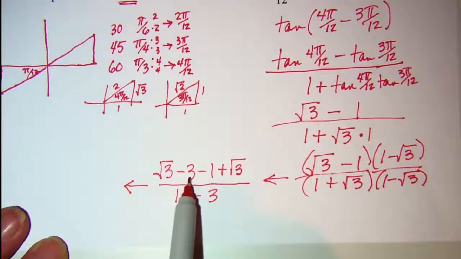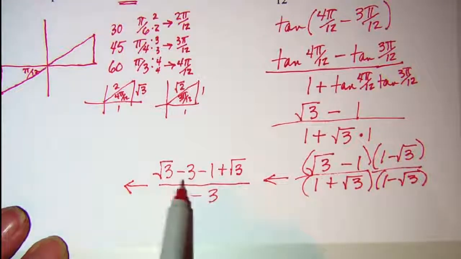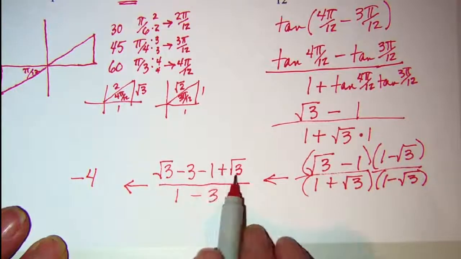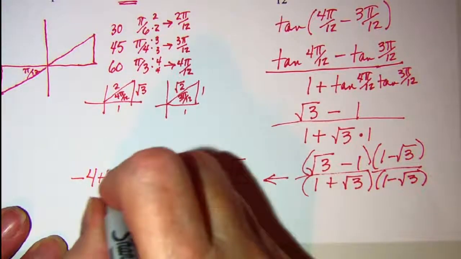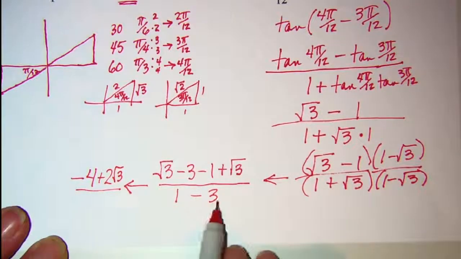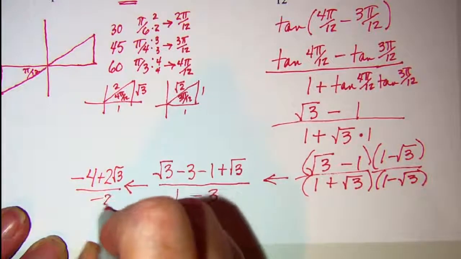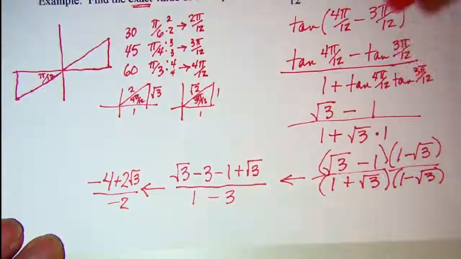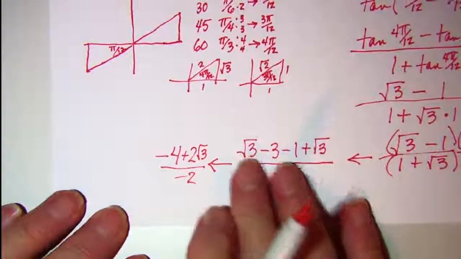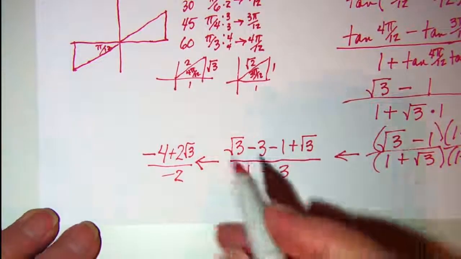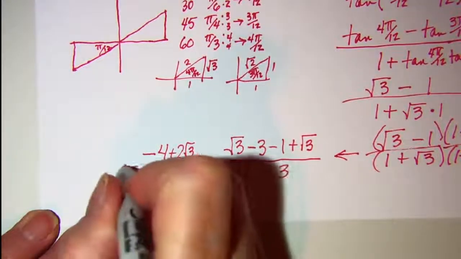I have negative 4, and then plus 2 radical 3 over, and this is a negative 2. Okay, we still can simplify because all of these terms have a factor of 2.